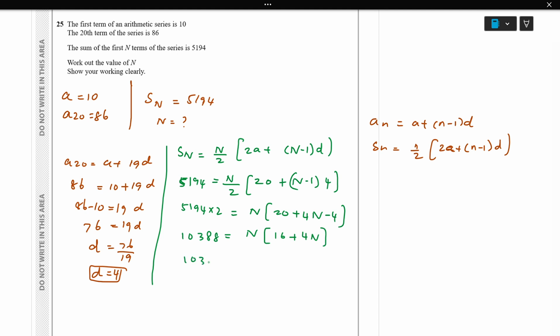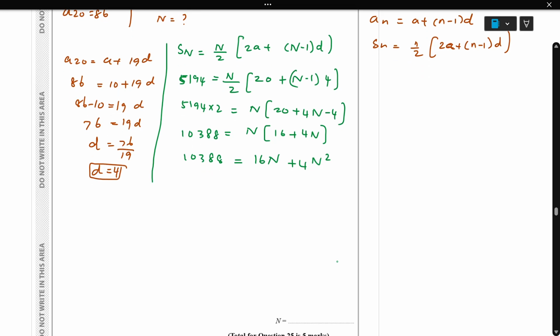So 10388 equals, I'll multiply n inside, which is 16n plus 4n square. We'll rearrange everything to one side. So I'll get 4n square plus 16n minus 10388 equals 0.